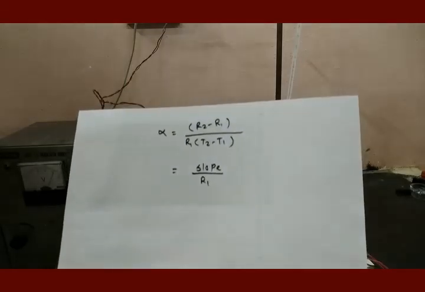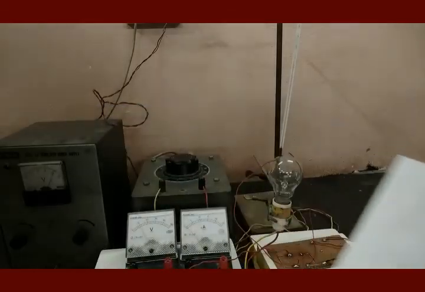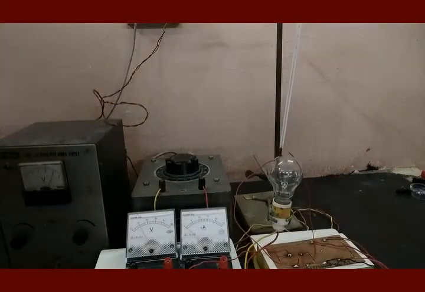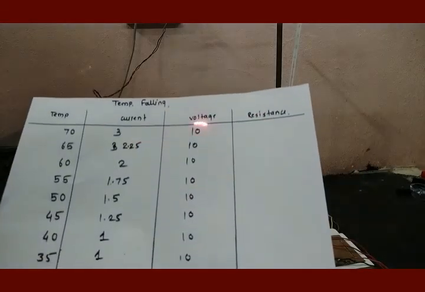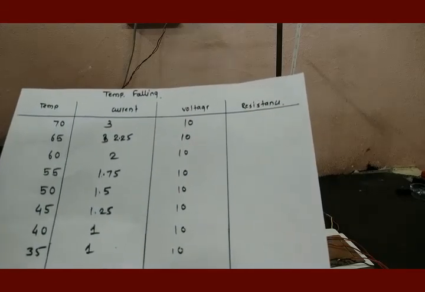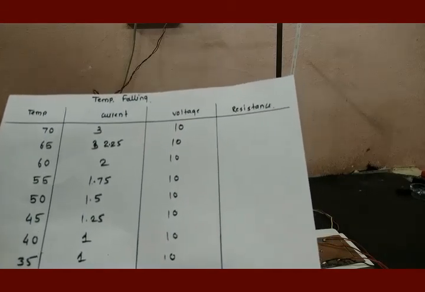For BSc third year students, there is no need to go for the graph. There is no need to go for the calculation of alpha. You need to simply do the calculation of the resistances in the rising of temperature. Here do the calculations. Similarly, do the calculations of falling of temperature.